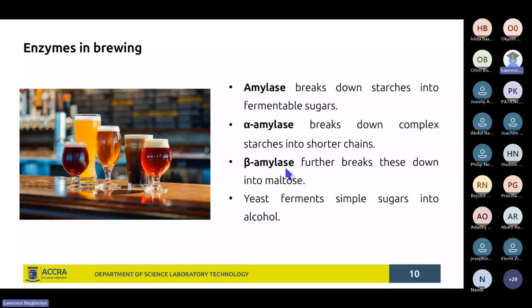And the beta 1,4 glycosidic bonds, you find it in the indigestible part of carbohydrates. So you can imagine if you make use of only alpha amylase in the production of beer, for instance, in the brewery, then what is going to happen is that it is only the alpha 1,4 glycosidic bonds that are going to get broken down.